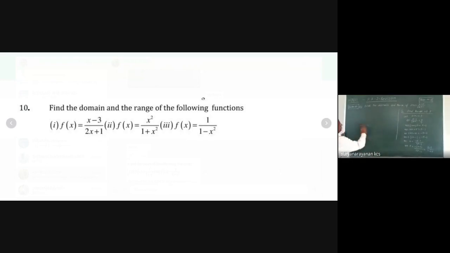Yes. Now see here, x is equal to, this implies y minus 3 by 1 minus 2y. We got this value of x in terms of y. We found the value of x in terms of y.